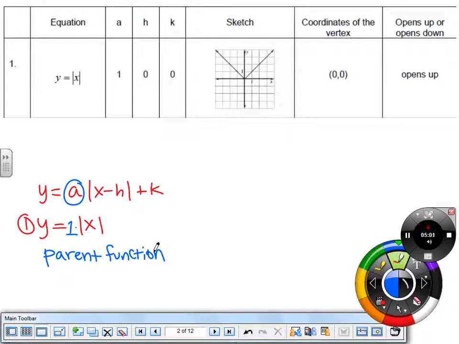Okay? All right. So to get this graph on your calculators, I want you guys to go to the y equals menu. And the first thing I want you to do is clear out any equations that are already listed in the y equals menu.